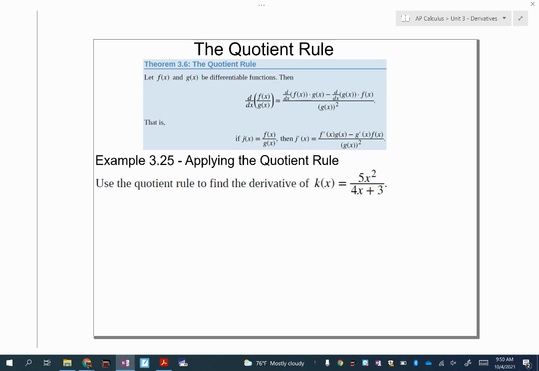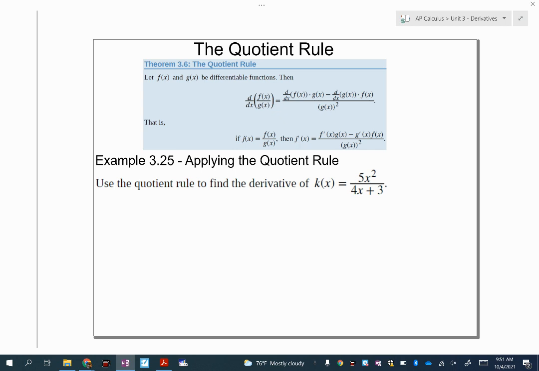Okay, it's up to you which you prefer. I think a lot of students are going to prefer the second way to write this, just because it feels more like algebra. But don't be afraid to try using Leibniz's notation, which is d dx. Let's use it for this one here.